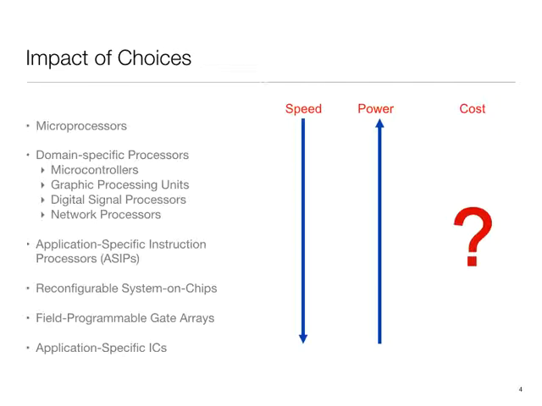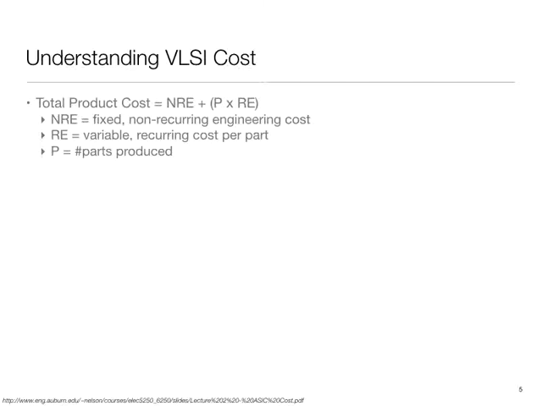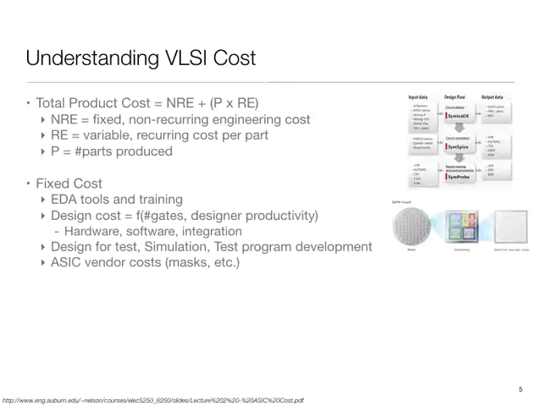And so cost becomes a more nuanced thing, and the reason basically is that the total product cost consists of both a one-time cost, which is if you're making the chip, the mask needs to be made. If you're making the PCB, someone has to assemble all the infrastructure, testing strategies and all. So there is a fixed non-recurring cost, and then there is a cost which is per part. And so overall cost is a summation of the two.